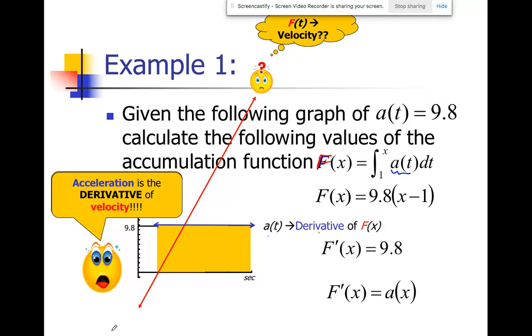Right? Isn't that nuts? Capital F is 9.8 times x minus 1. Take the derivative of a linear function, you get the constant 9.8. The derivative of capital F was the very graph you were drawing your rectangles under. They were the same. That is nuts.